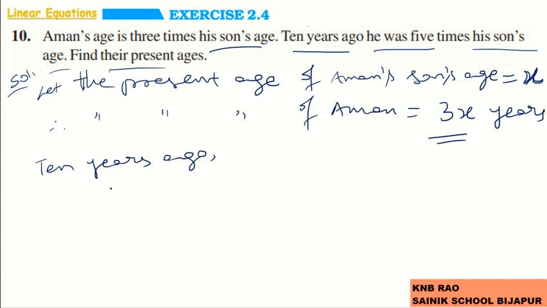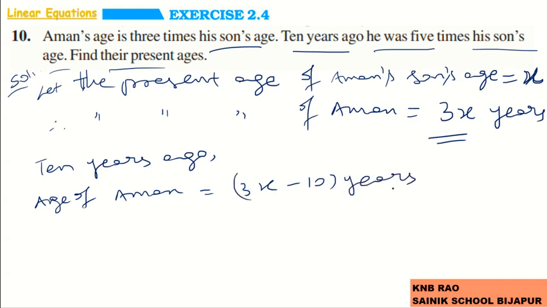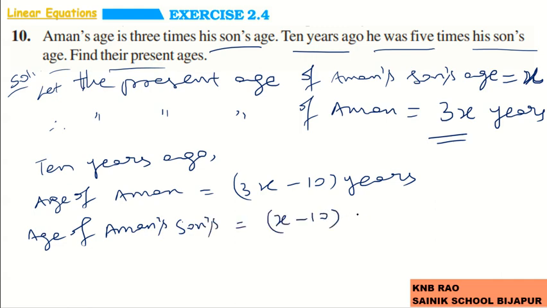So 10 years ago the age of Aman is 3x minus 10 years and the age of Aman's son is x minus 10 years.